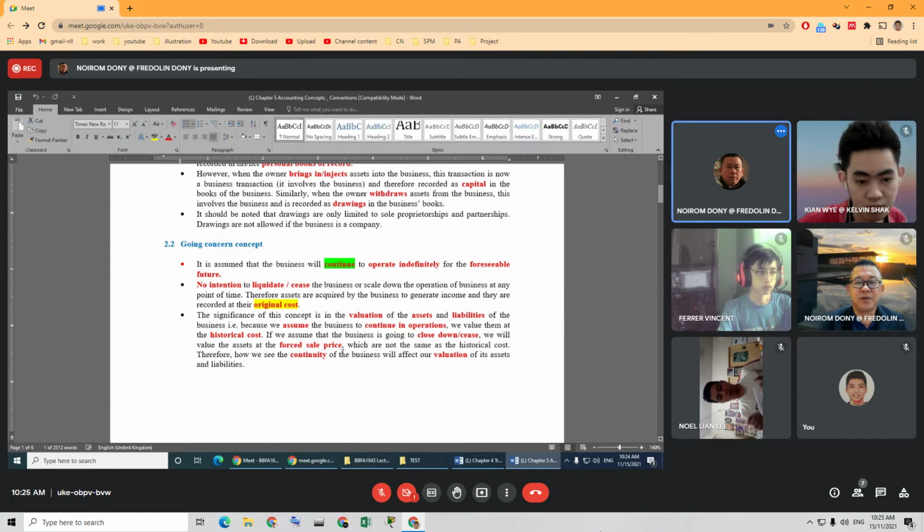So the going concern concept is a concept that we use when we prepare the financial statement. As we prepare it, we don't record the assets according to how much we can sell them for now. Instead, we record according to the original cost, that is historical cost.